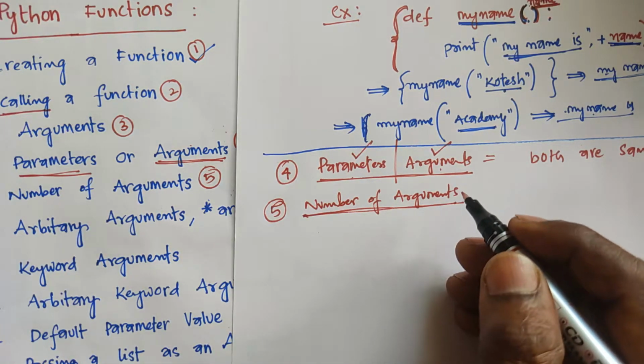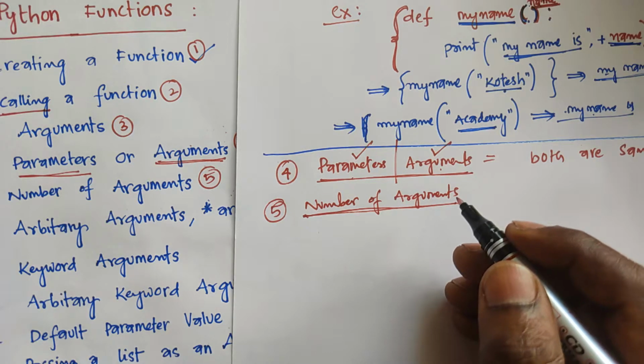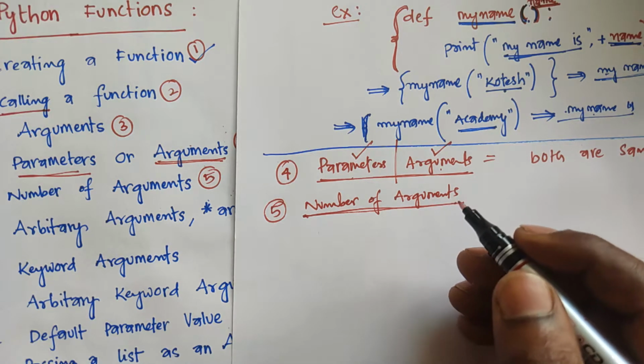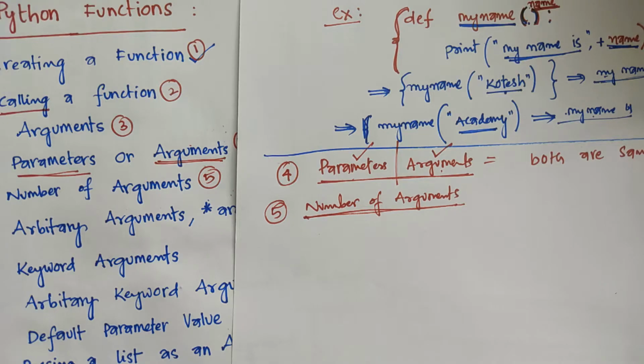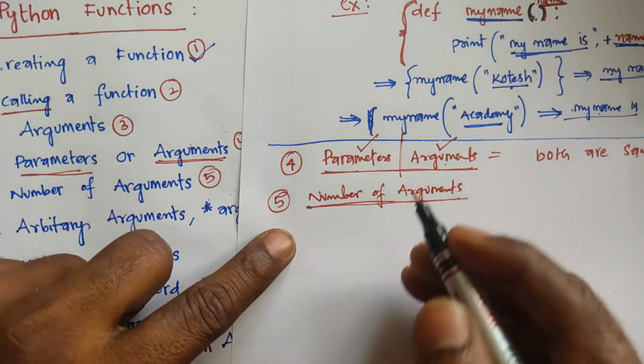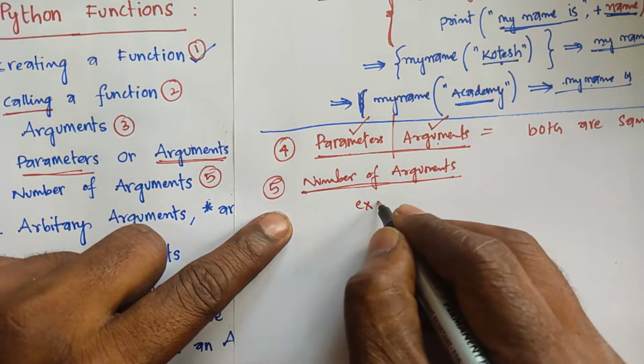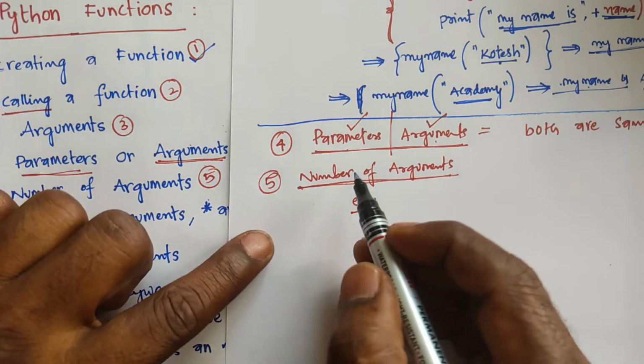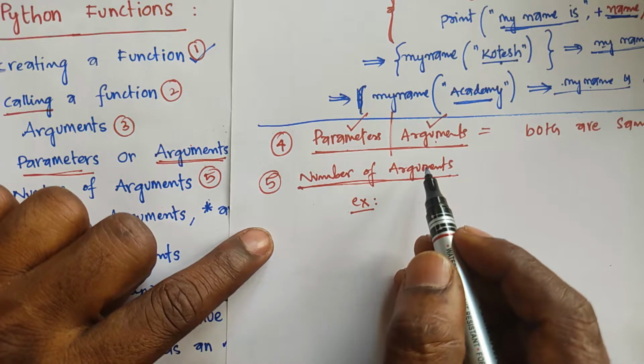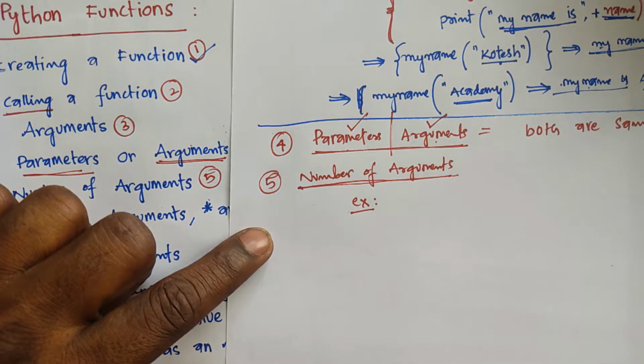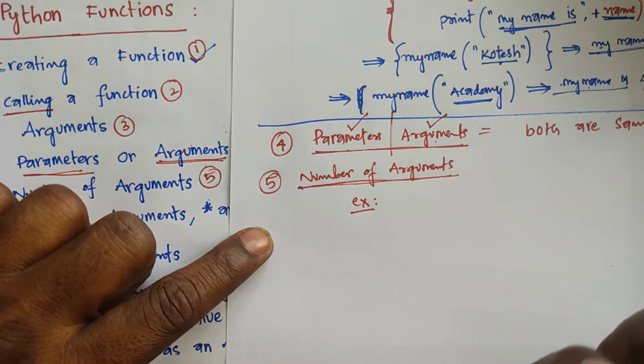That is the concept of number of parameters. Simply put, it is when you have more than one variable or more than one argument.